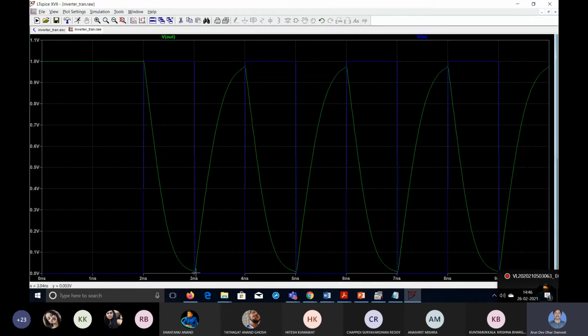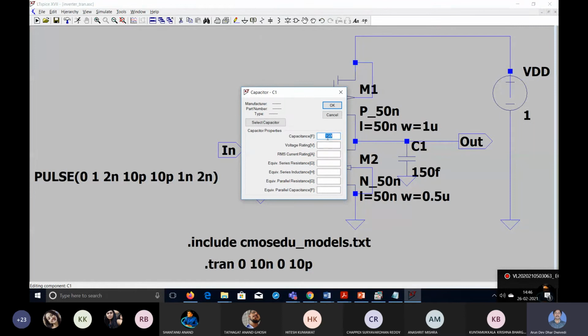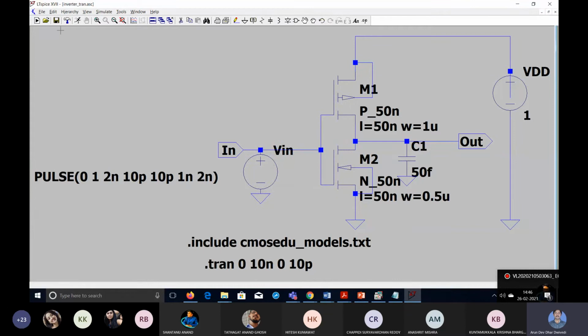Here it is almost reaching, the 50% point is here, but at the end when it is going low, it takes almost this much time to become exactly low. So depending on the load, the delay will be affected. Let me keep a reasonable value, only 50 femtofarad, and then plot it.